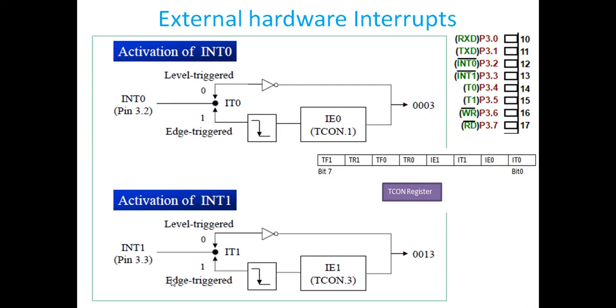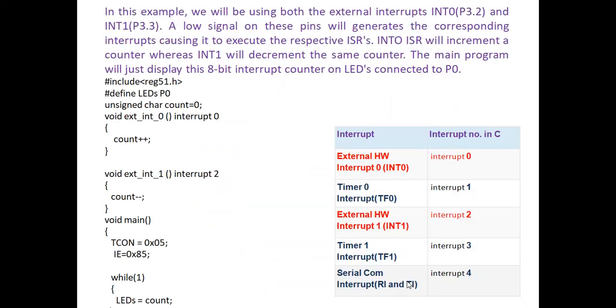Suppose you make this edge trigger on pin 3.3, high to low, one machine cycle high, one machine cycle low, the interrupt is going to be invoked. Whatever program you wrote over here is going to execute. Same I did over here. On P3.2, suppose you make high to low, this program will execute. If it is low to high on pin P3.3, this interrupt is going to be invoked.